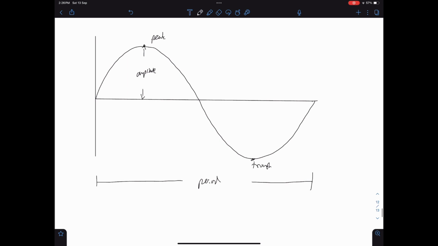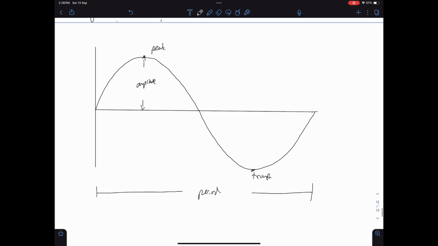How can we make this amplitude shorter, less? We could do that by multiplying it by a constant. So this is sine of x. If we did a sine x, then this amplitude would be a.